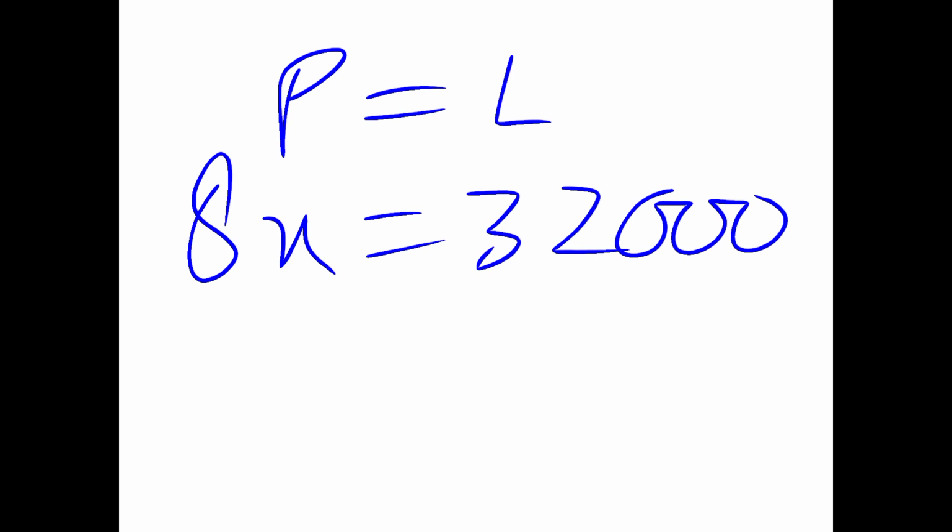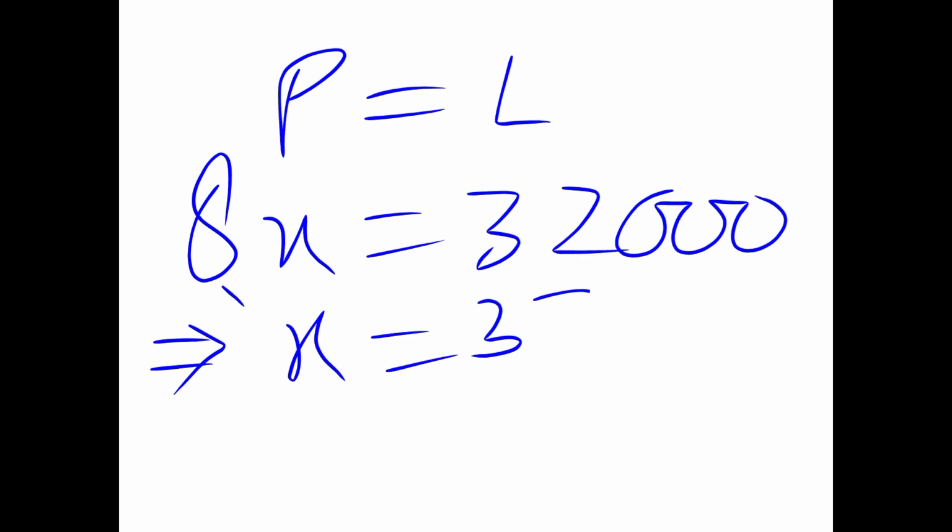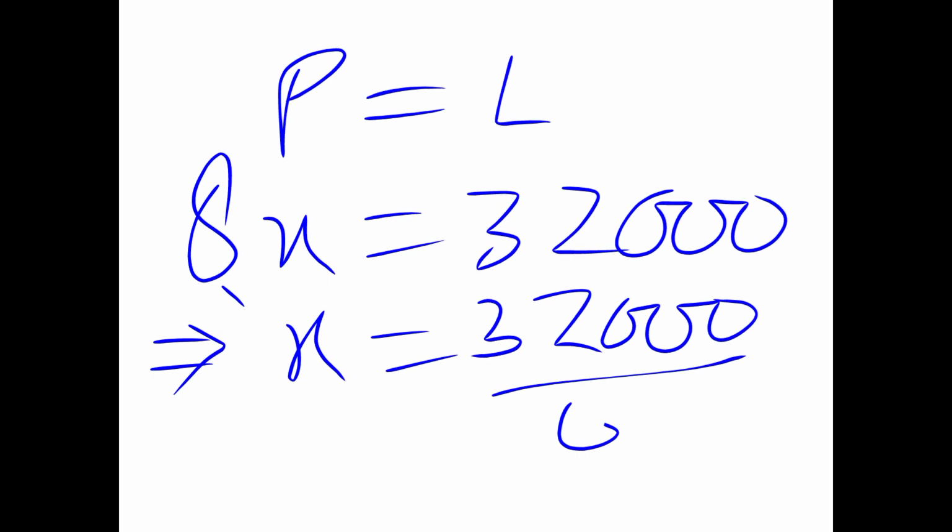Therefore, X is equal to 32,000 divided by 8. So we get 8 fours are 32, and the zeros remain zeros.